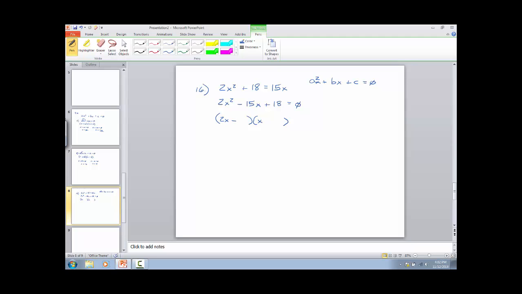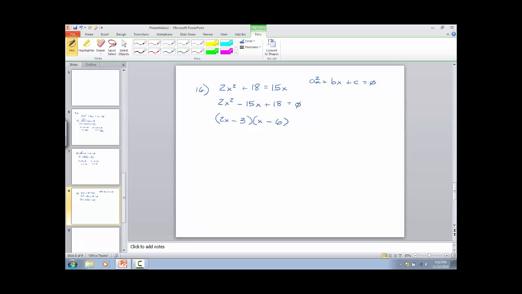Let's see, if we try 3 and negative 6, let's see what we've got here. Negative 3x and negative 12x. Yes, it's negative 15x. And they both had to be negative in order to come up with a positive number here.